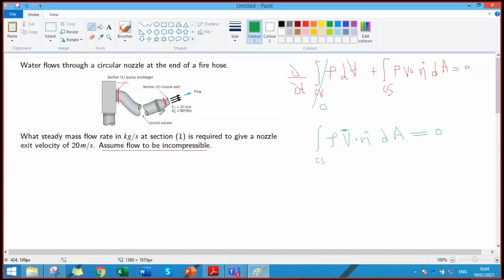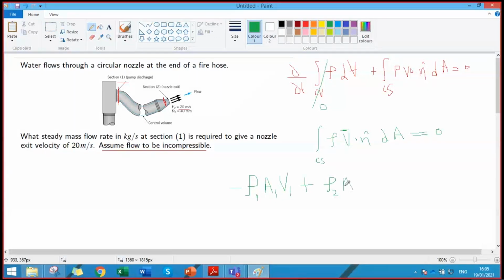Section 1 will act as inlet, so we write minus for the inlet: rho 1, that is density at point 1, times the area A1, times v1, that is the velocity at point 1, plus at section 2 we have density rho 2, with a plus sign because it's an outlet, times A2 times V2, equals 0.